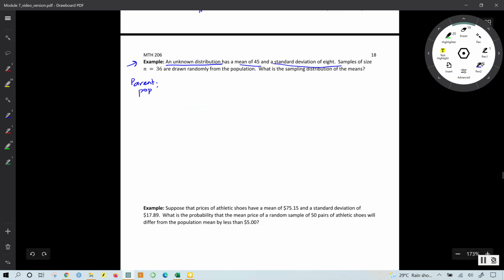The only thing I know are the characteristics of that population. The mean is 45 and the standard deviation is 8. Now I'm told the samples of size n equals 36 are drawn from this population.